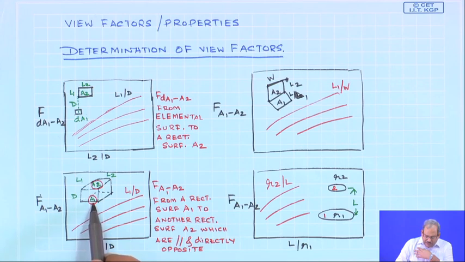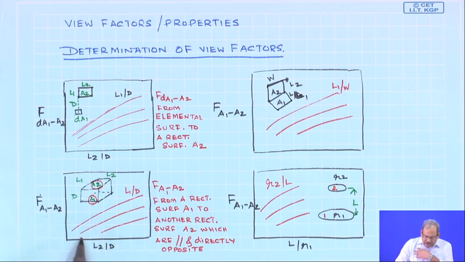The area which is parallel and directly opposite to A1 is obviously the top of the rectangle. So, I am trying to find out what is F A1 A2, from a rectangular surface A1 to another rectangular surface A2 which is parallel to A1 and directly above or directly opposite to it.